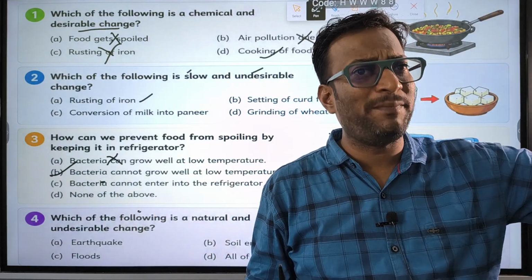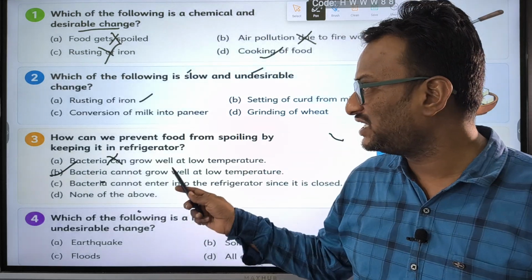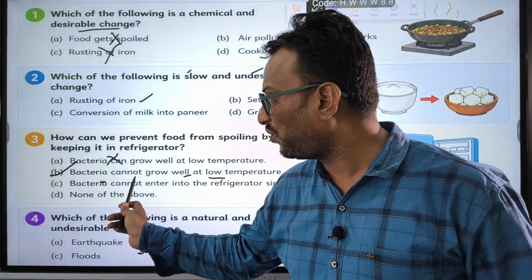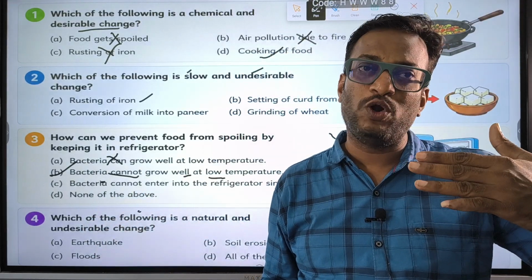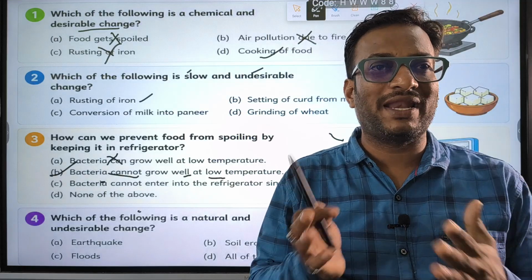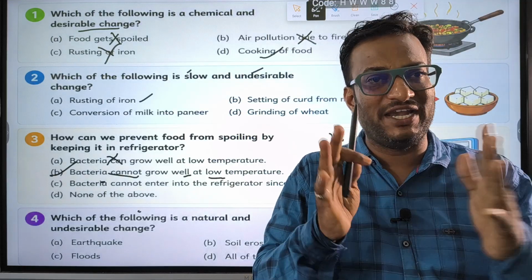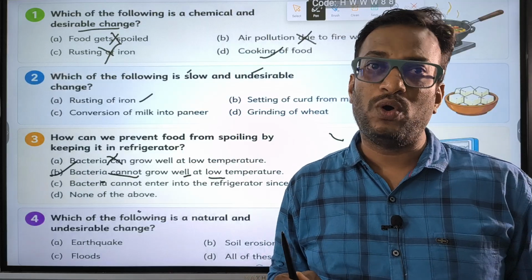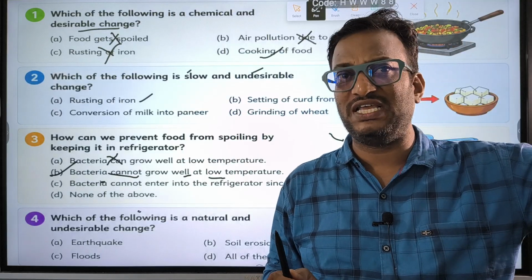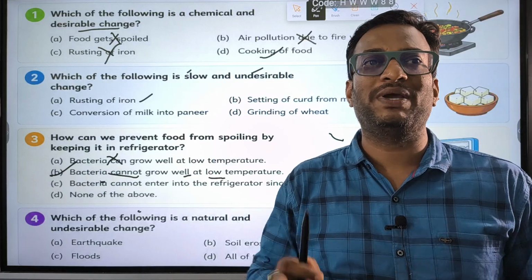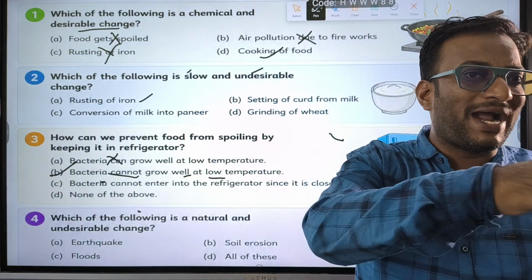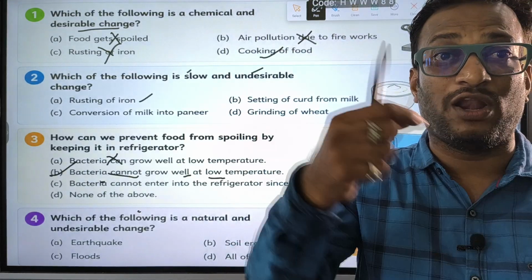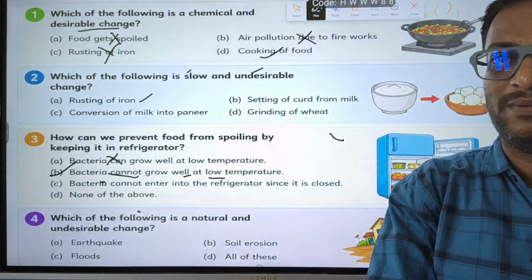It will take much more time to form bacteria. It won't grow at a faster rate. The rate of growth of harmful bacteria is reduced by the fridge. That's why it will not spoil for 1-2 days. Though if you keep the same food in the fridge for 5 to 6 days, it will spoil even so, because it will create bacteria after a longer time.